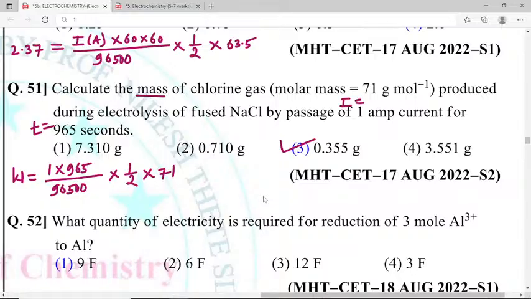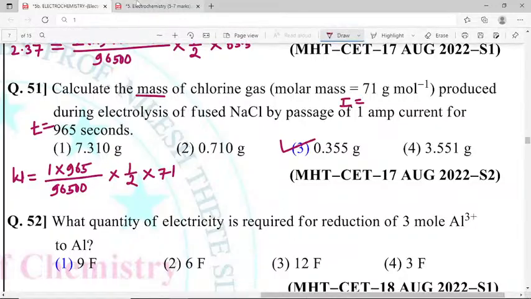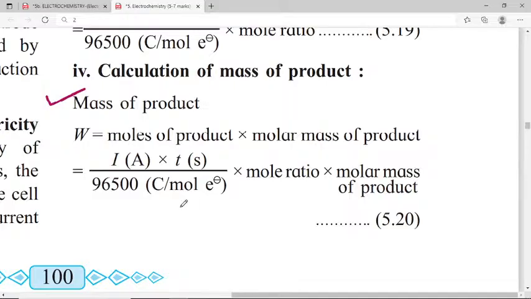71 divided by 2 is 35.5, shift the point. 965 gets cancelled, 10 to power minus 2, so it becomes 0.355. Get it? I am using the formula: mass of product is equal to current in ampere.